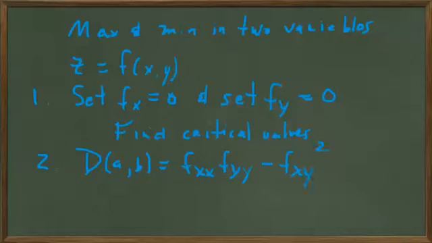And we have enough then to determine if we have a max or a min. If f sub xx at our critical value (a, b) is less than 0 and the discriminant is positive, the second derivative here is negative.